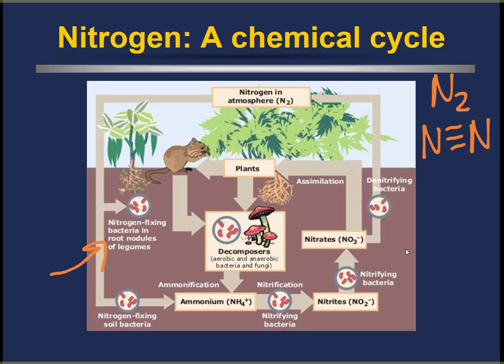So how organisms get it is through decomposition. We also have artificial nitrates added into the soil. 100 years ago, we were not able to make artificial fertilizers, but now we are able to take nitrogen from the atmosphere to make that fertilizer.